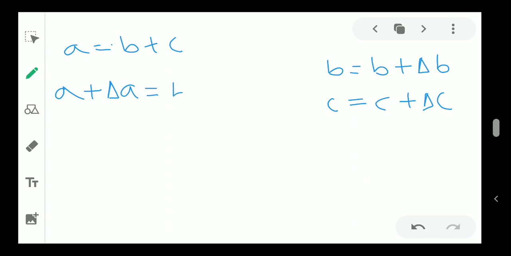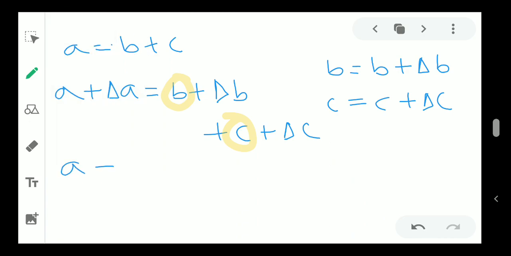If I put the value of B, so B is B plus delta B. If I put the value of C, C plus delta C. Now we will say if this B plus C is A, so basically in the position of B and C I can put A, right?